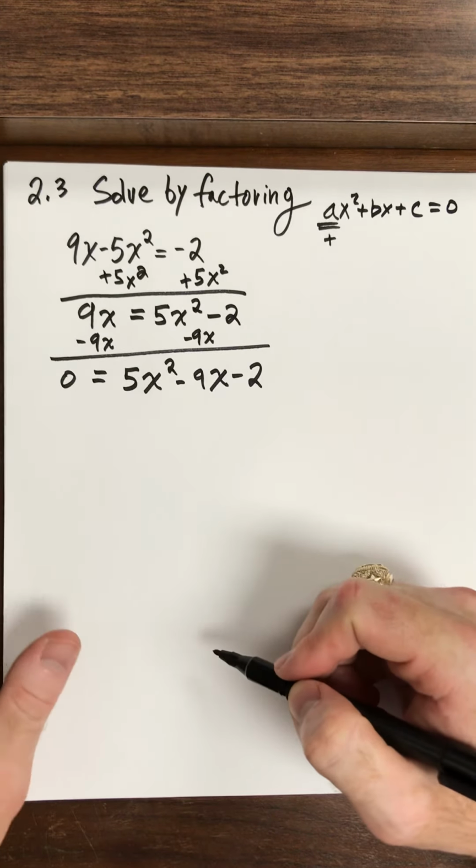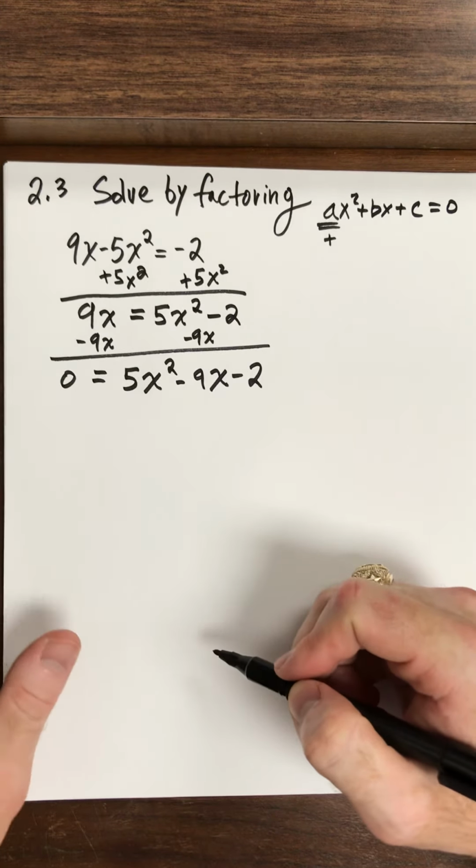5x plus 1. Now, with the zero factor property, this says that if I have a number times another number and it equals 0, then either this number is equal to 0 or this one is equal to 0. So either of those factors are equal to 0 or both.